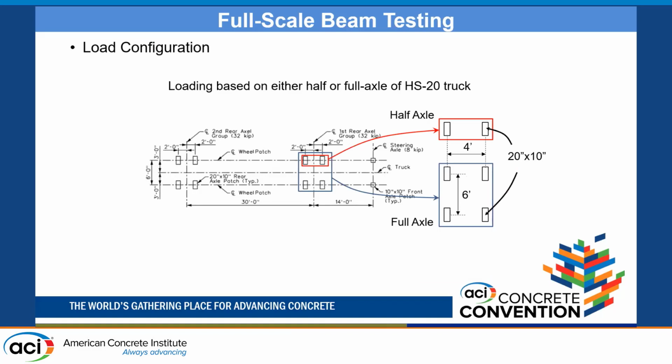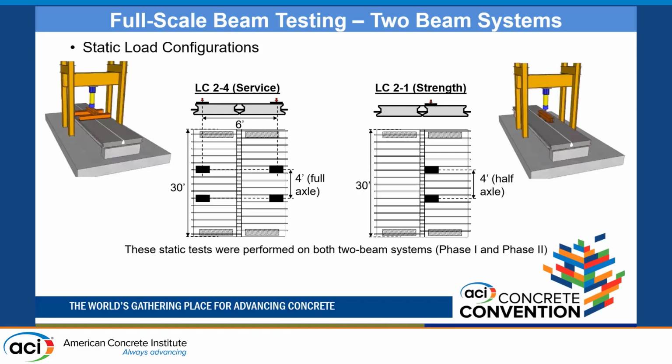The half axle is red and the full axle is the blue square. For the static load configurations, 2 static loads were developed where we apply a full width rear truck axle load at the midspan, and then a half axle, extending what we did in the small scale scenario.